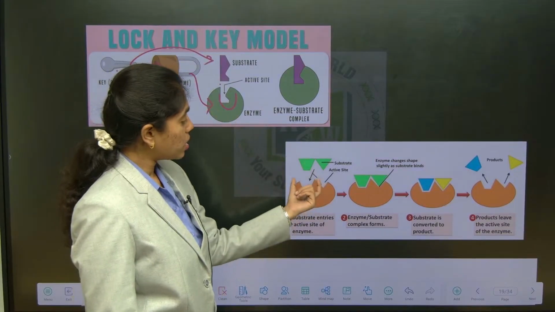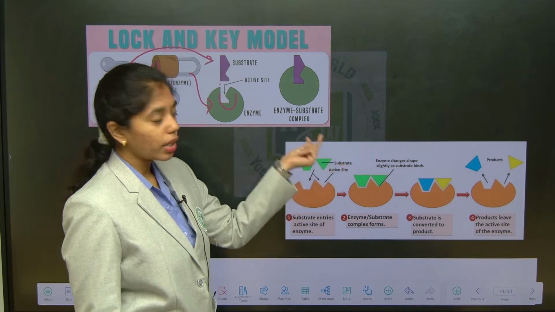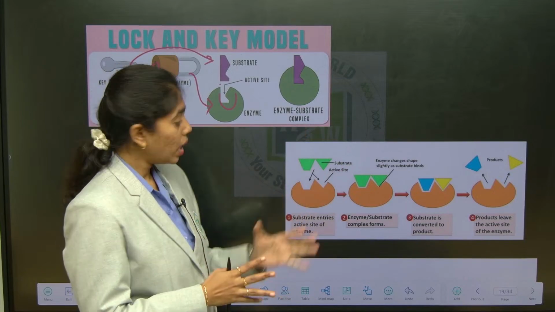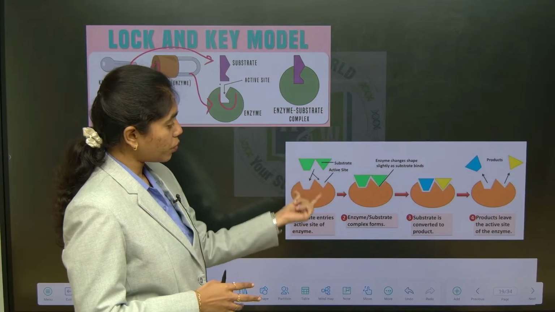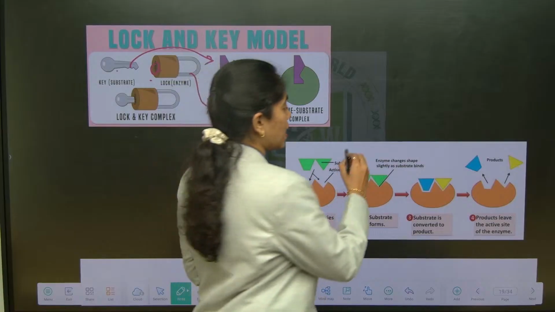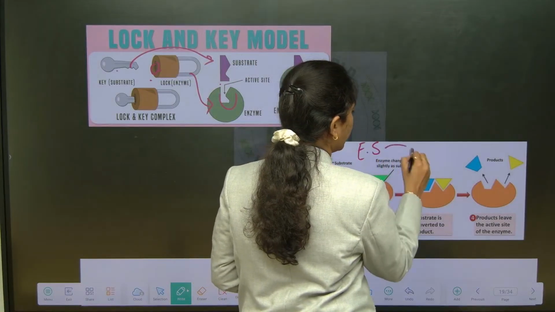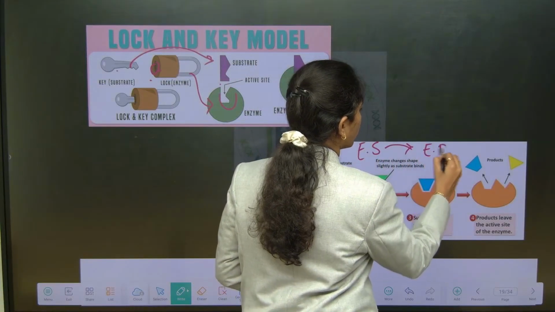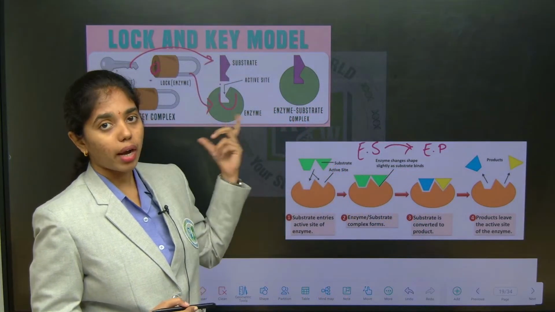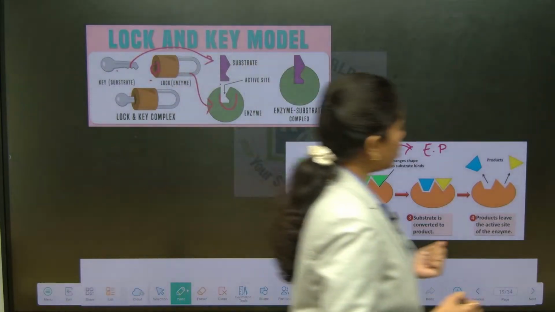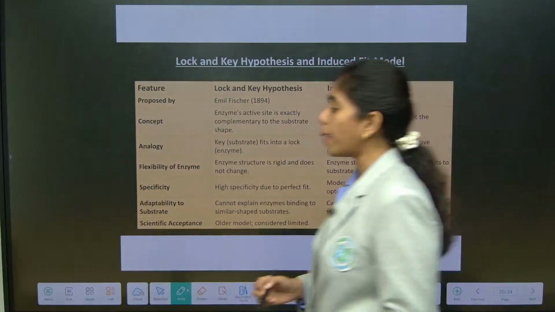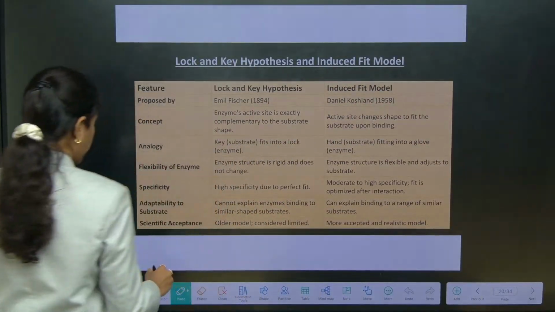The structure is adjusted according to the substrate, like how a hand fits into a glove. In the same way, the substrate fits into the active site of the enzyme, post which it forms enzyme substrate complex and then turns to enzyme product complex. This is a more realistic model when compared to the lock and key hypothesis. Now, we will look into the clear-cut differences between lock and key hypothesis and induced fit model.